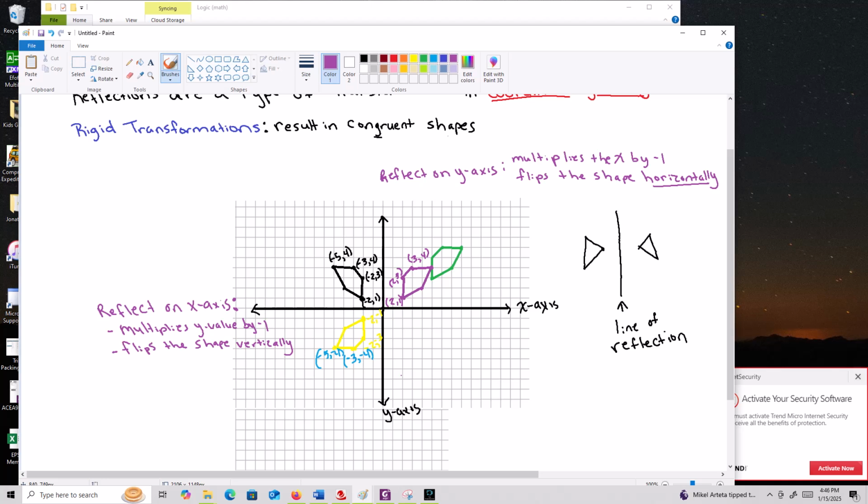So in order to do that, sometimes you might have to do a reflection, sometimes you might have to do a translation, and sometimes you might have to do both. For example, if you were asked, does this green shape right here, is it congruent to the black shape?